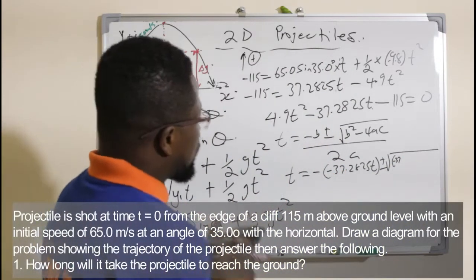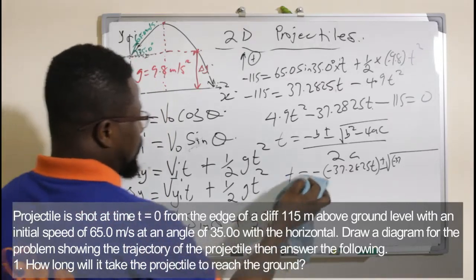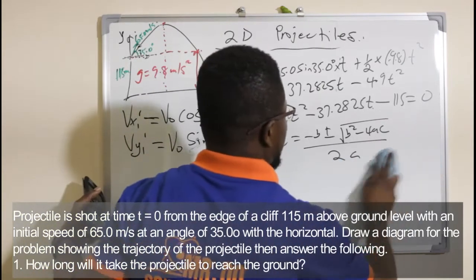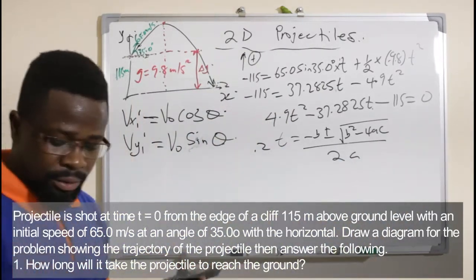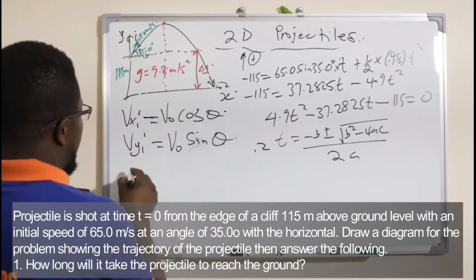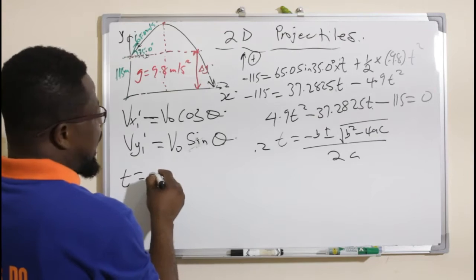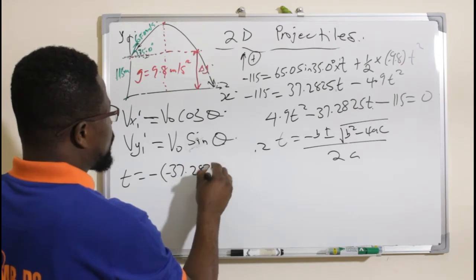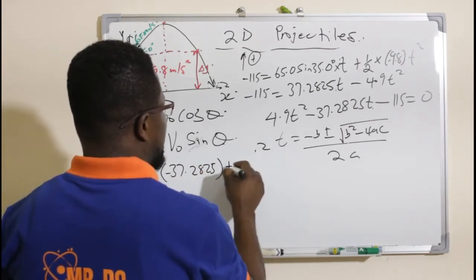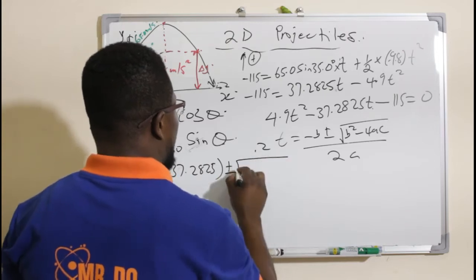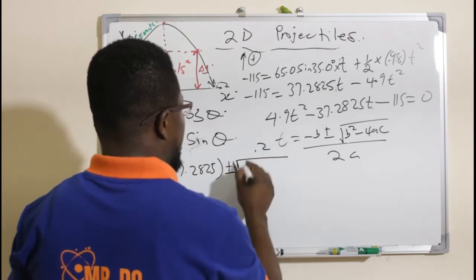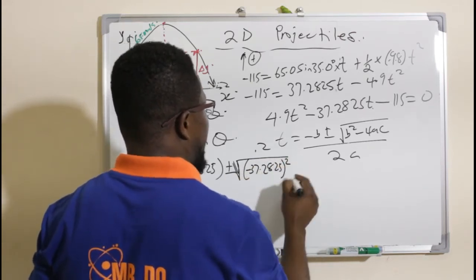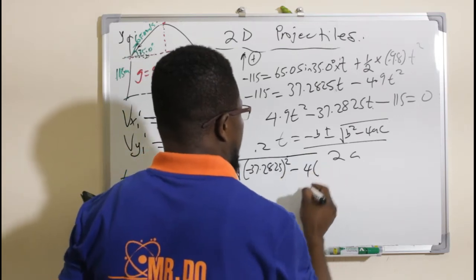I need more space, so let me clean that side and put the values there. Right, so let's do the substitution. We have t is equal to negative into negative 37.2825, plus or minus the root of b, which is also negative 37.2825, squared, minus 4 multiplied by a.